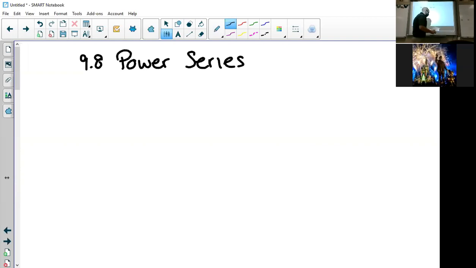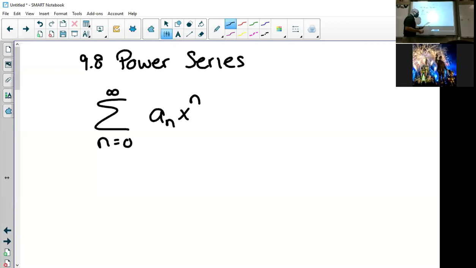These power series are in the form of our infinite series that we've talked about, a sub n times x to the nth power. So they actually have an x, and when you start plugging in values for a sub n, you're going to get this long polynomial that's an infinite polynomial.